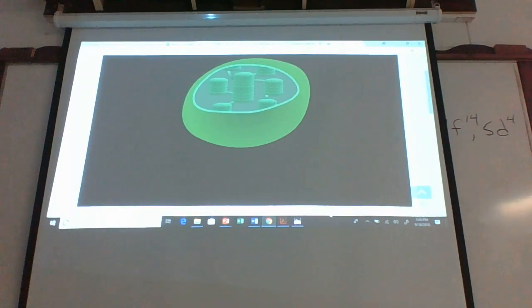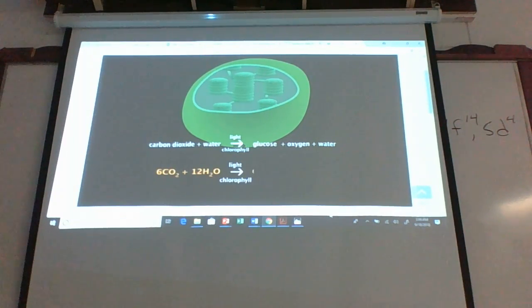The process of photosynthesis as a whole can be summarised like this. Carbon dioxide plus water, in the presence of light and chlorophyll, produces glucose and oxygen, with some water reformed. The process can also be written showing the formulae for the inputs and outputs.